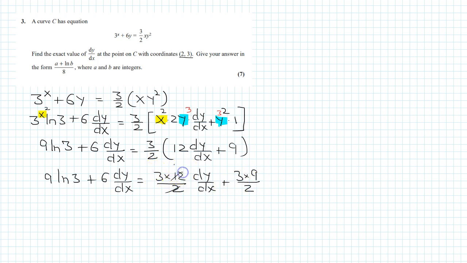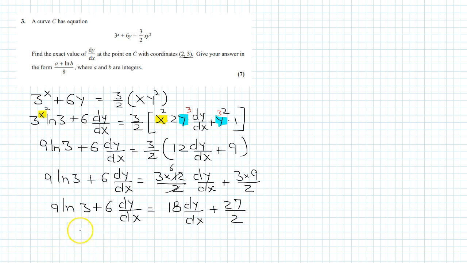2 times 6 is 12. So 9 ln 3 plus 6 dy over dx is equal to, this will be 18 dy over dx plus 27 over 2. Now this is positive, so we are not going to change this side here.